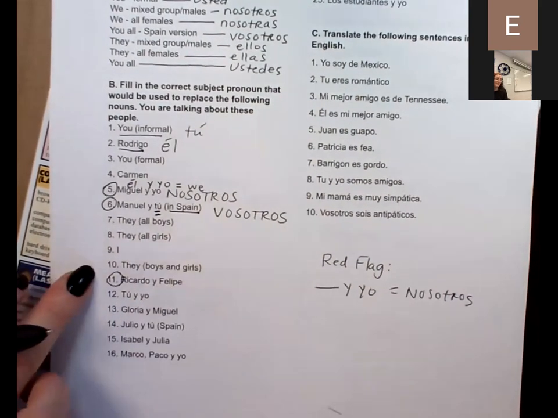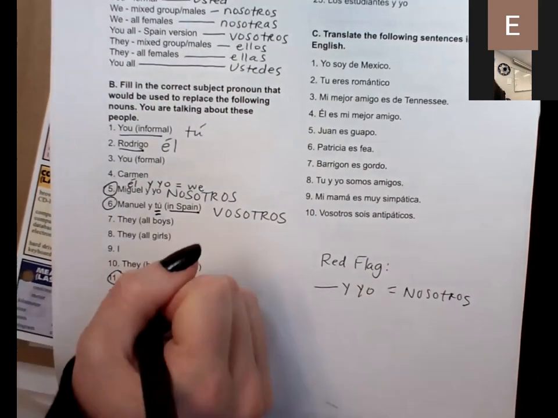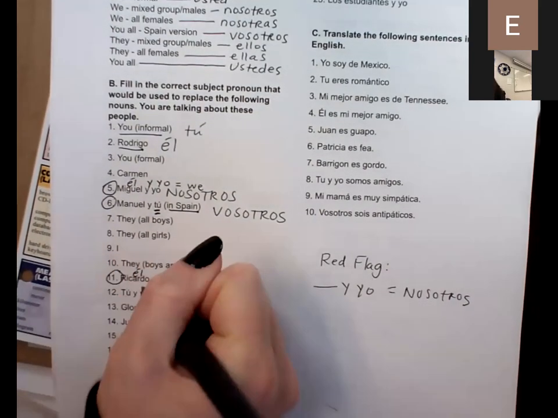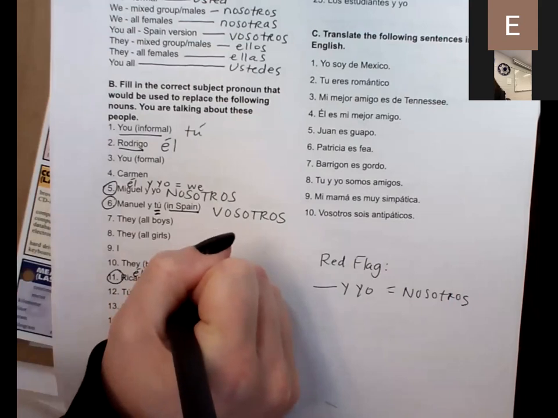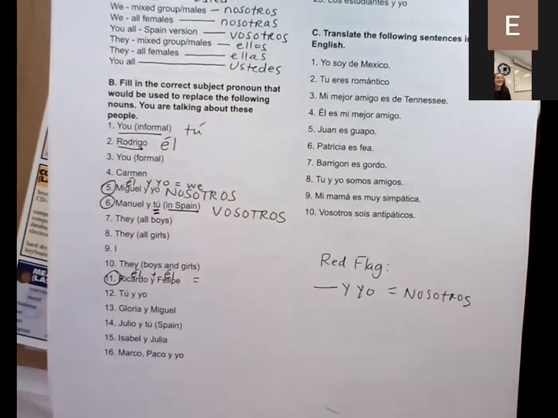And then our final example, Ricardo y Felipe. If we were to look at these individually, it would be like saying he and he. To combine he and he, let me pull that chart back up so you guys can visualize this a little bit better.